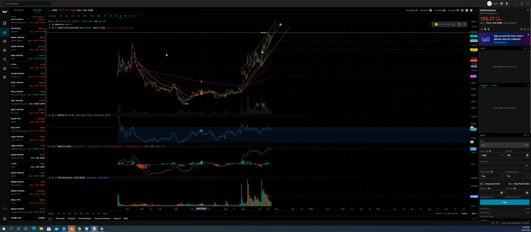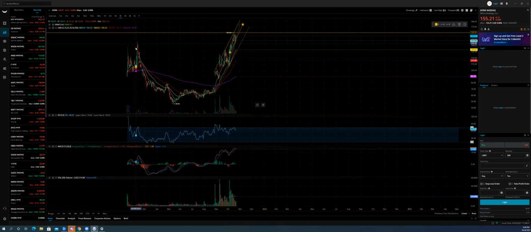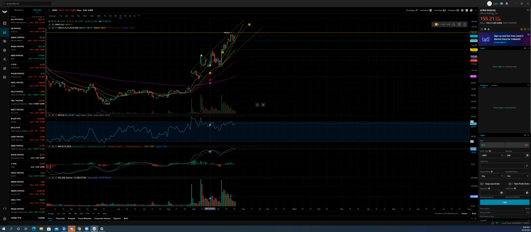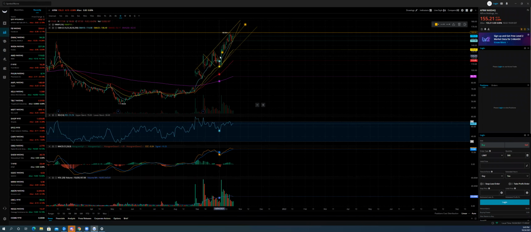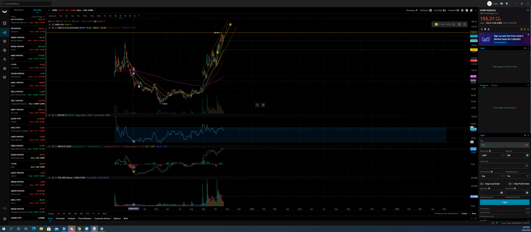Yeah. But when you look right here on this daily, this had a massive cup and handle, right? This is your big cup right here. And we came up in here, and this is right where we had this handle right here. And then this is where we took off, right? Your cup and handle is your bullish formation. So it's a big U coming down, which is like your teacup, right?